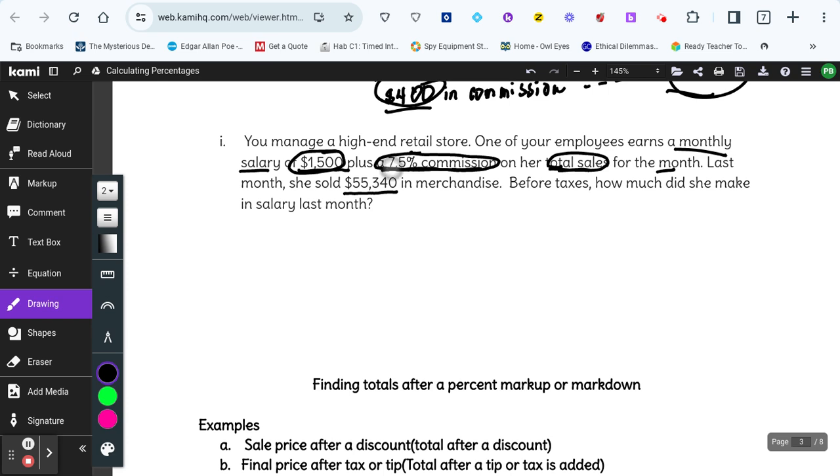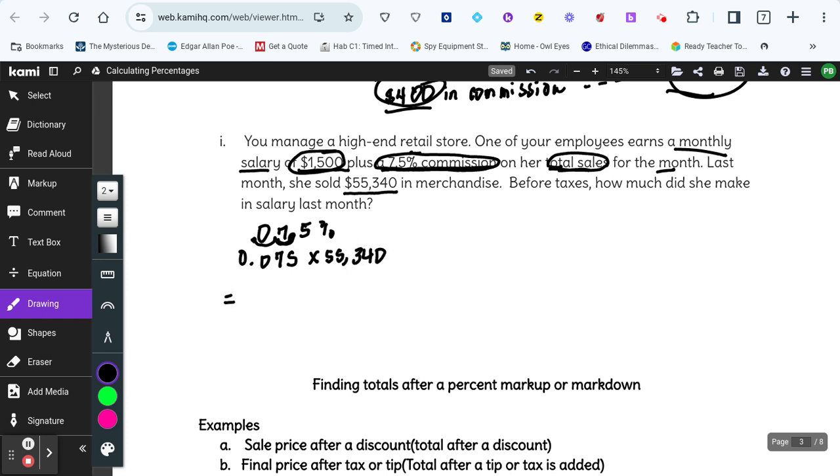Well, she made 7.5% on commission. So 7.5%, slide your decimal 2 places to the left. Now your decimal's not at the end now, it's right here. So you go 2 from here. So that's going to give us 0.075 times what was the amount of sales? $55,340.